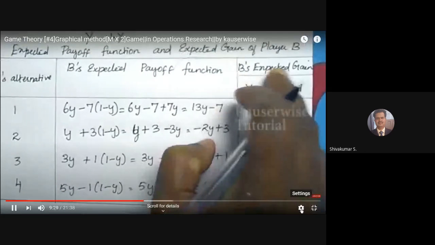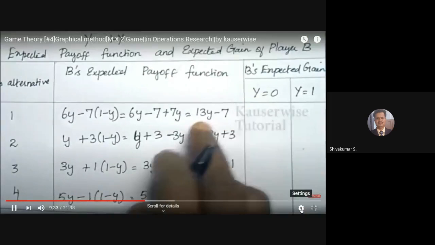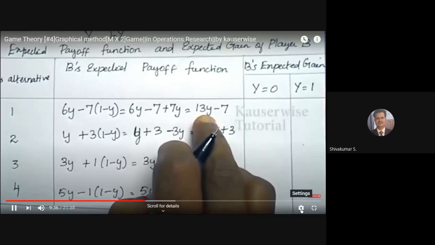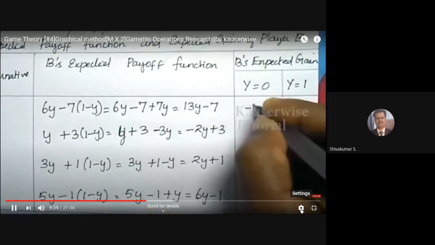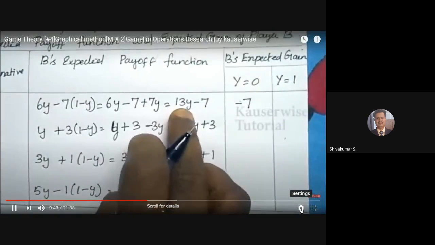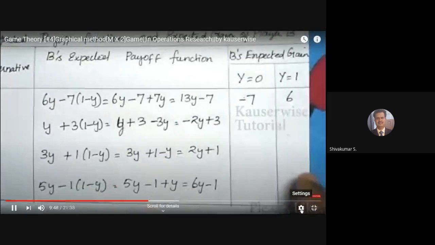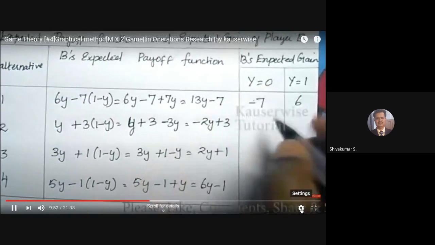Let me show the calculation. When Y is equal to 0, what will be the value? 13 into 0, 0 minus 7. So the answer is minus 7. If Y is equal to 1, what will be the answer? 13 into 1, 13 minus 7 is equal to 6. In the same way, for the second alternative, when Y is equal to 0, the value is 3.